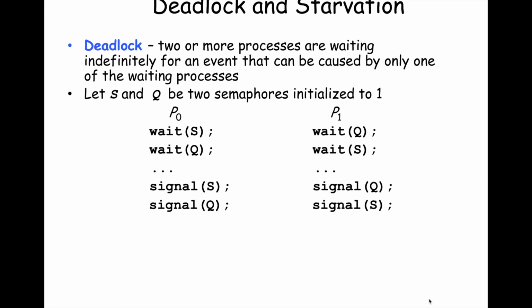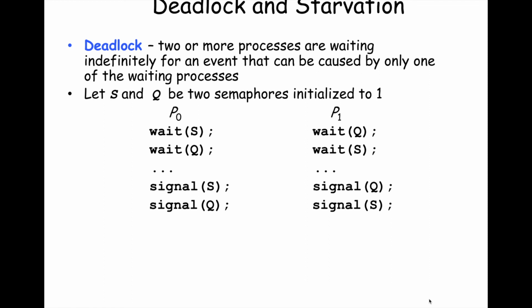So what happens? We have S, the semaphore, its value is 1, and Q, its value is 1. So P0 calls wait on S. So it proceeds to run, and now S is 0. P1 calls wait on Q, right? So let's say these happen at the same time. So after this first line of execution, S is now decremented and Q is now decremented.